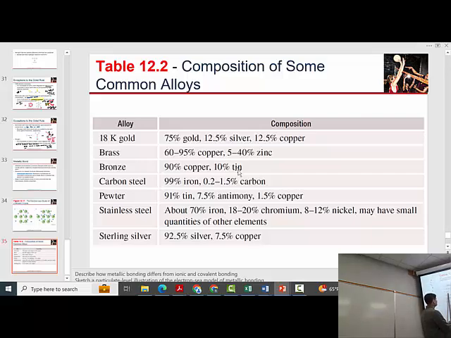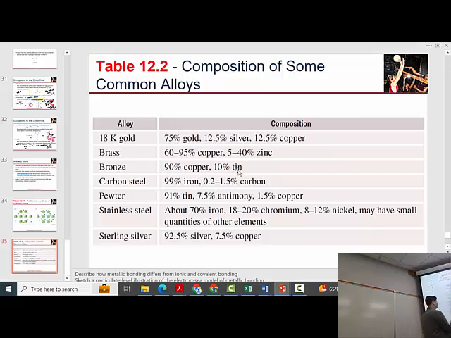Well, here we have brass. There's lots of different compositions of brass, so that's why they give a range here. There should only be one composition of 18 karat, but obviously there's going to be range because it's hard to mix it exactly. And so there's going to be a little bit of range. We want to know how much wiggle room we have. For brass, we have lots of wiggle room. It's between 60 and 95% copper, then we can still call it brass.